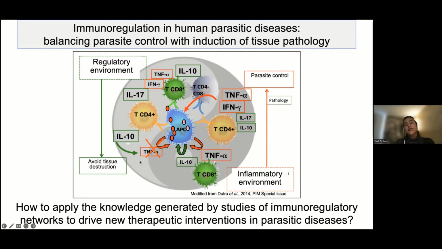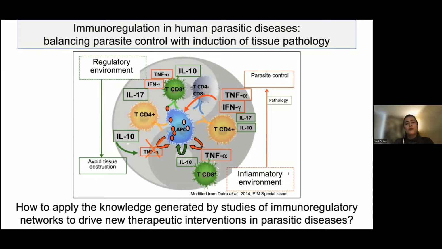Typically, what we see in the mild forms of these parasitic diseases is this balance between the control of parasite and the lack of tissue destruction. If for any reason this balance is broken and it's shifted toward a more inflammatory profile, this will be very important to cause tissue destruction, and therefore that's what we would like to avoid.